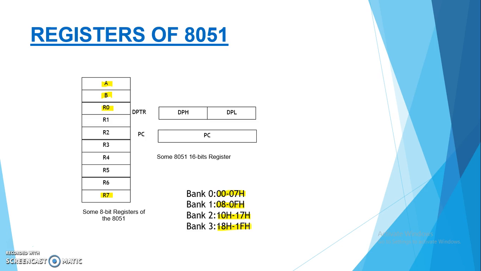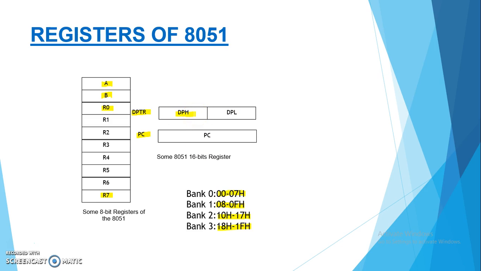Now, how many 16-bit registers do we have inside 8051? There are two 16-bit registers, namely DPTR and the program counter. Here is the program counter and next to that you have DPTR, which is further divided into two 8-bit registers, namely DPH and DPL.